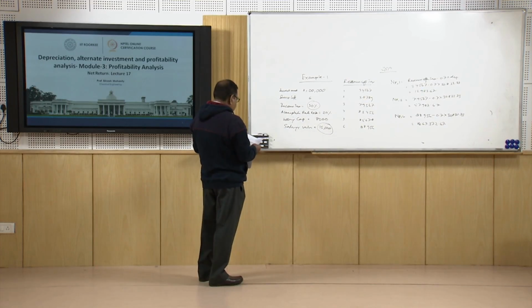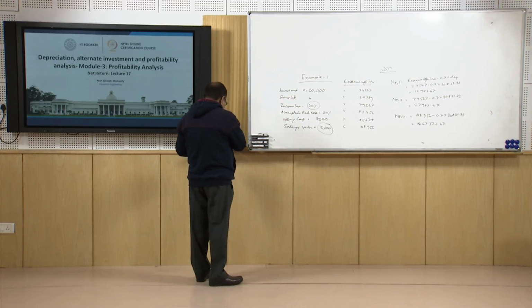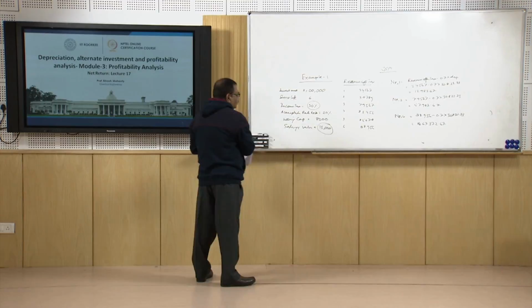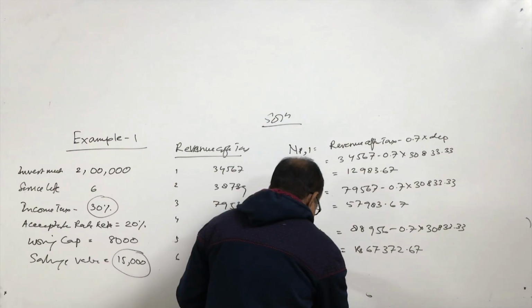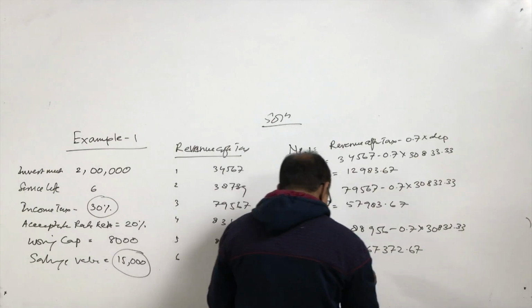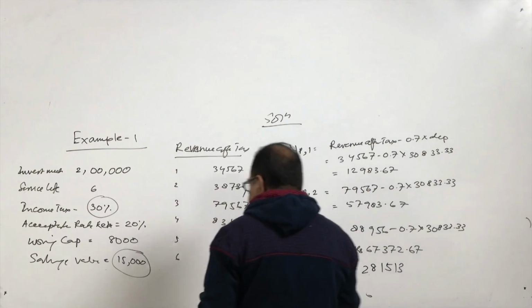Now I can calculate all NPs and then I can sum them. So the summation of NPJ comes out to be 281513.